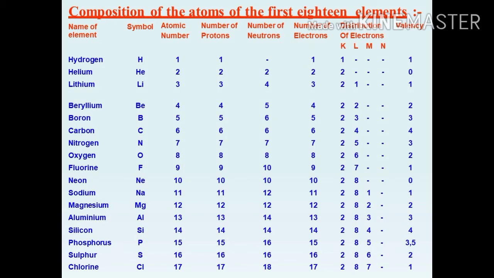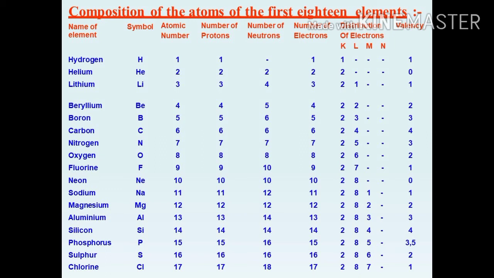Carbon, C, atomic number 6, proton 6, neutron 6, electron 6. Then electron distribution, first orbit 2, second orbit 4. The valence is 4. Nitrogen, symbol N, atomic number 7, proton 7, neutron 7, electron 7.